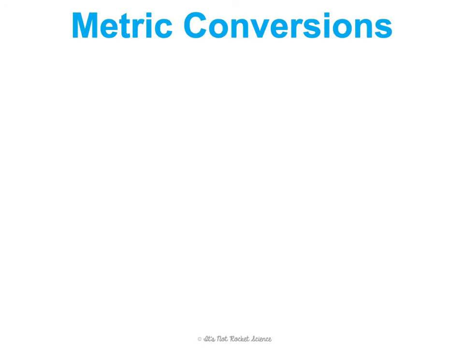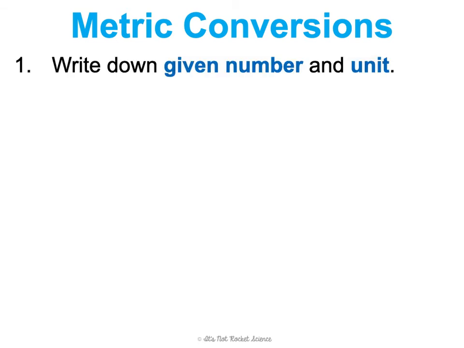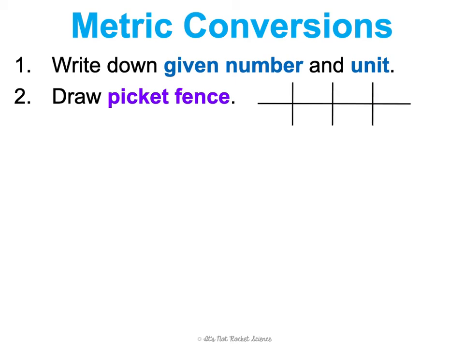All right, so what are the steps to actually doing a metric conversion? The first thing that you want to do is write down the given number and the unit that you have. Then you are going to draw a picket fence. Your fence is going to look just like this.